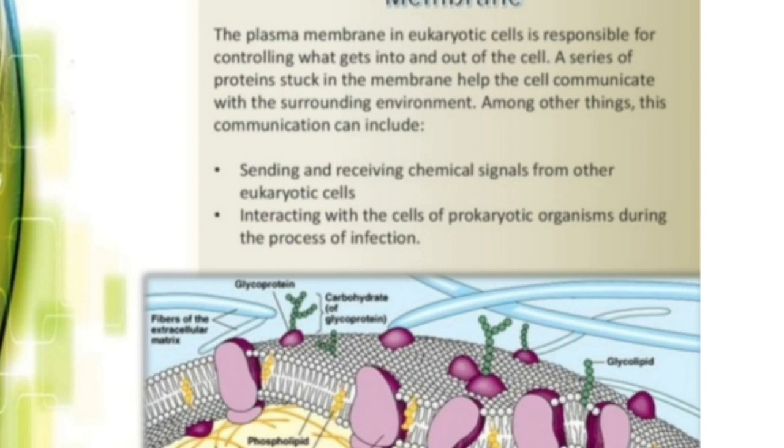A series of proteins stuck in the membrane helps the cell to communicate with the surrounding environment. Among other things, these communications can include sending and receiving chemical signals from other eukaryotic cells, and interacting with the cells of prokaryotic organisms during the process of infection.